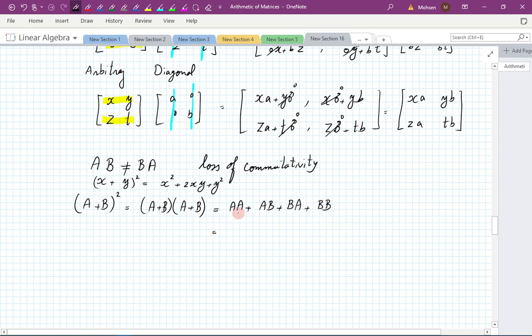Well, we have the shorthand that something multiplied by itself, we write as a square. So this is A squared, this is B squared. The fight is over what to do with the middle terms. Due to the fact that AB is not the same as BA, I cannot write this as 2AB. It's not the same as 2BA either.